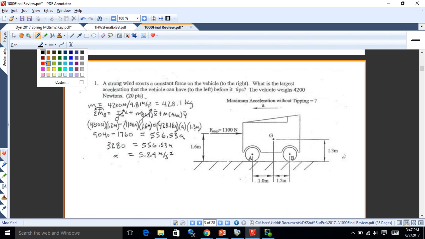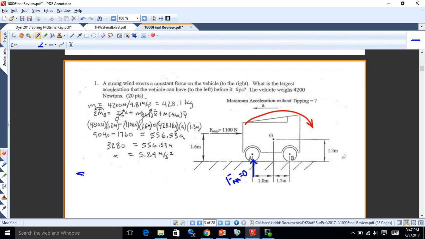Let's get this stuff figured out by next week, frankly. You want to identify this stuff and know how to do it. What's going to happen here is these things tip in the opposite direction of the acceleration. And then what you're going to be looking at here is this normal being 0.